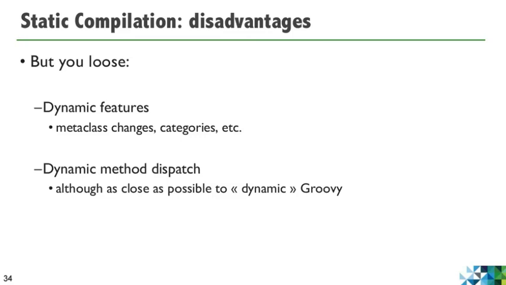So in most cases, you'll have the very same behavior as dynamic Groovy, but in some cases, you have to be aware of the fact that if you have parameters like Object foo, the static compiler doesn't know much about the type of your parameter. So it's better to provide more type information so that the type inference can kick in and you get the very same method dispatch as with pure dynamic Groovy.